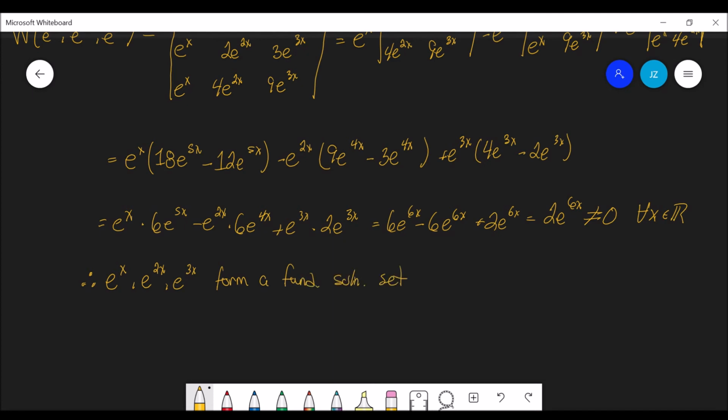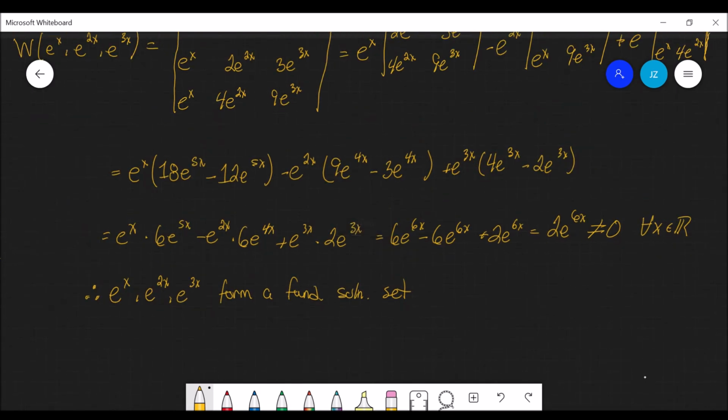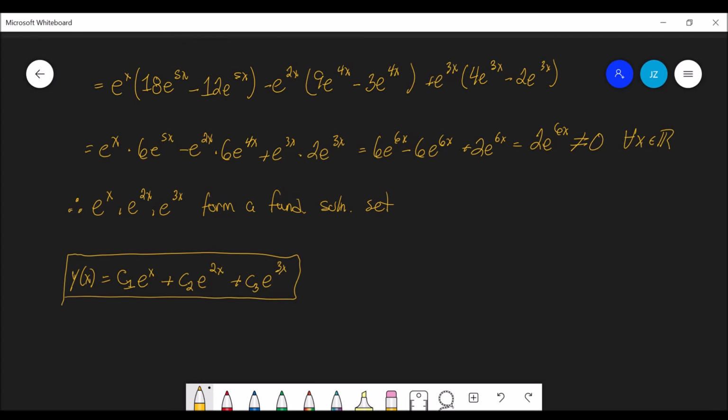So they form a fundamental solution set. The general solution is y of x equals c1 e to the x plus c2 e to the 2x plus c3 e to the 3x, where each of the c's is just some number.